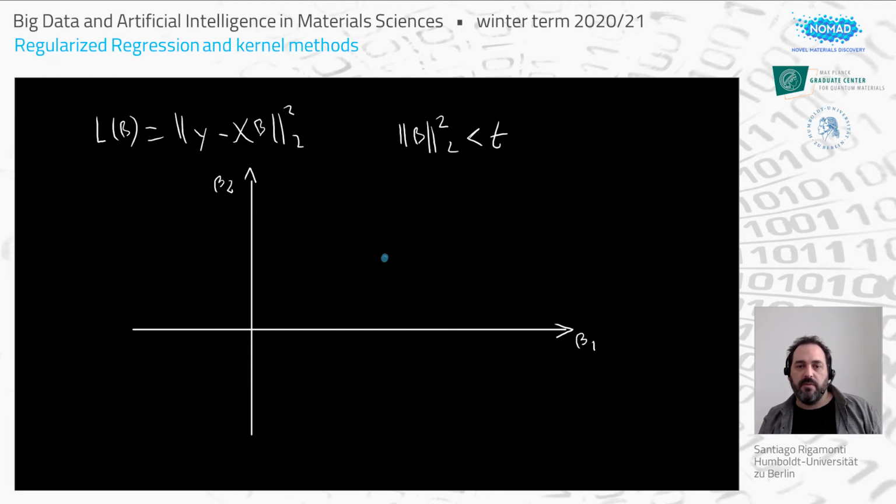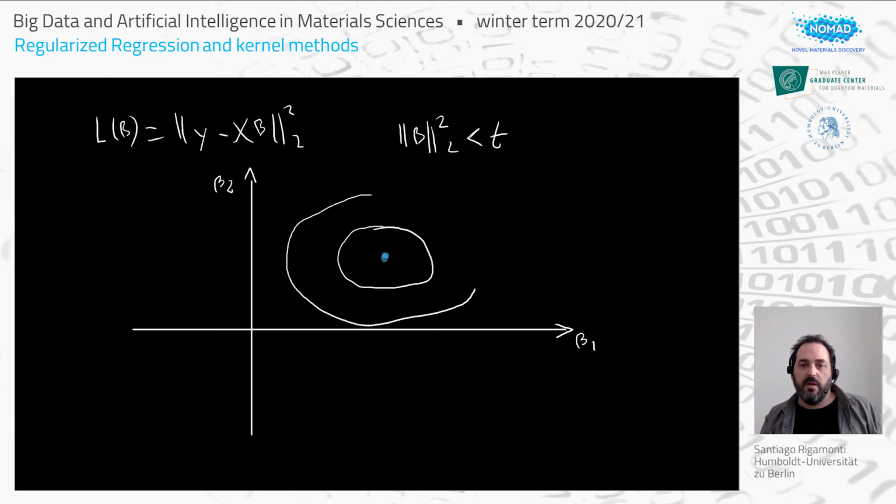If we do not have the constraint, we will have some optimum somewhere, and then there will be iso-values of this residual sum of squares. Since it's a quadratic, these will be ellipsoids like that. This is a bit hard to plot. Then this represents a circle of radius square root of t, and then we can plot this constraint. I want to plot the tangent there, more or less tangential.